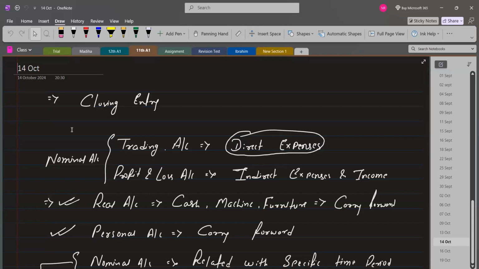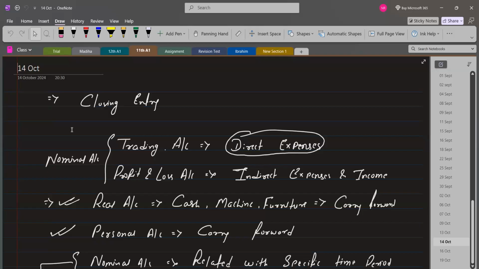There are two types of omission. One is partial and one is complete omission. When you leave an entry not recorded at all, then it is called full omission. When you record some part of the entry in your books and you leave some part of it, then it is called partial omission.